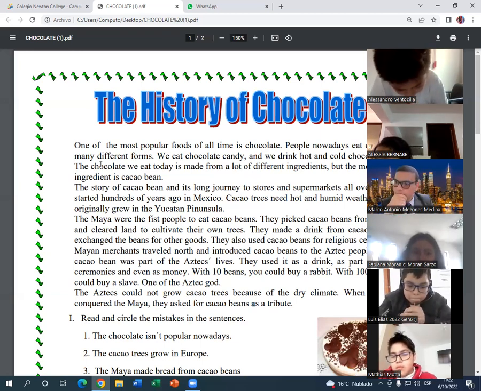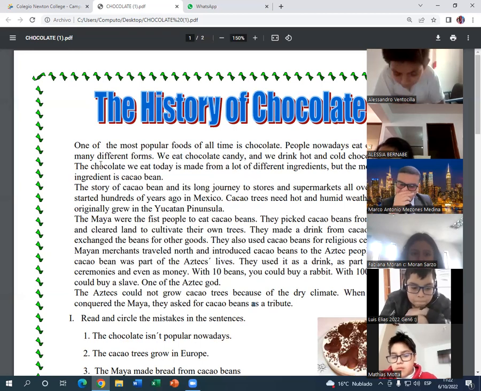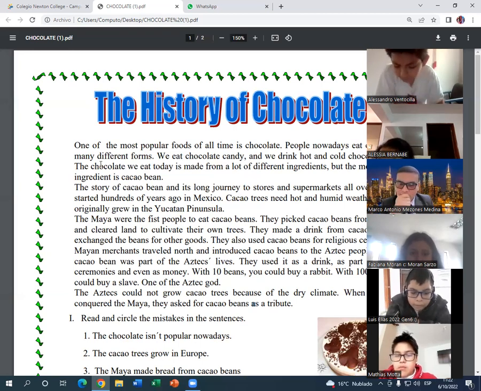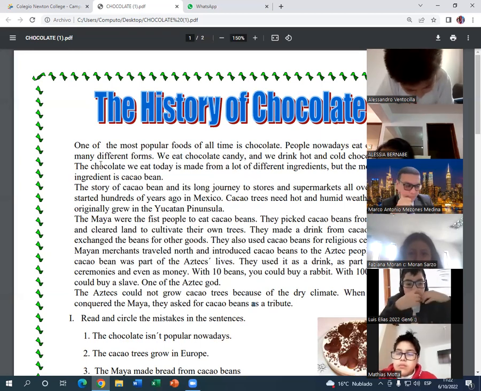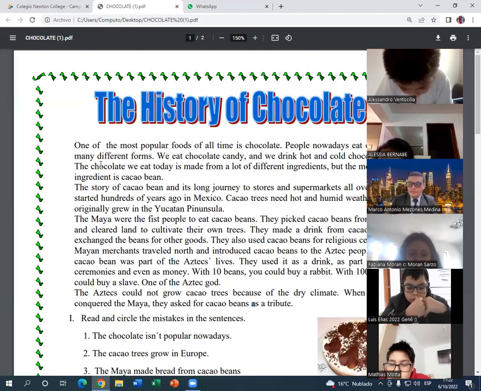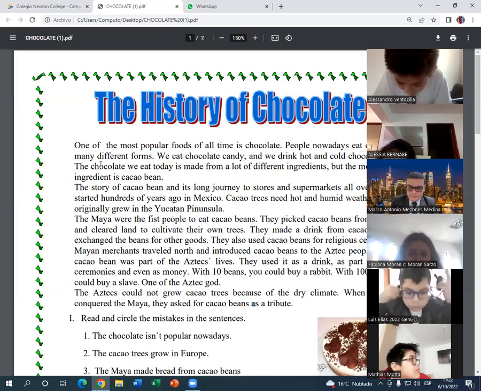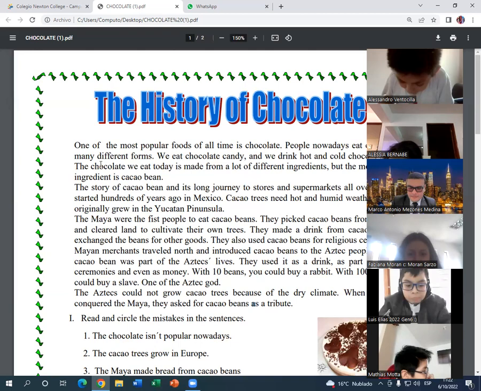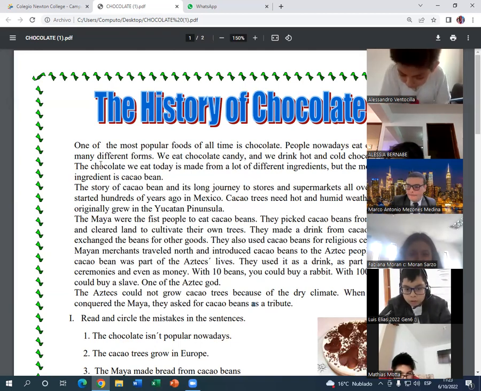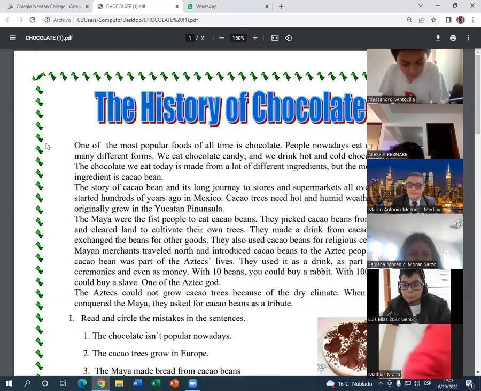Mayan merchants traveled north and introduced cacao beans to the Aztec people. Soon the cacao bean was part of Aztec life. They used it as a drink, as part of religious ceremonies, and even as money.